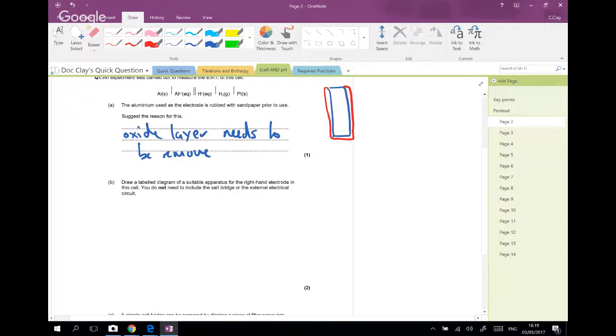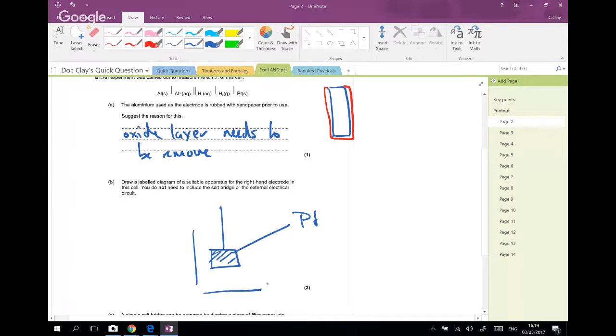Draw a labeled diagram of a suitable apparatus for the right-hand electrode in this cell. You do not need to include the salt bridge or the external circuit. So here we are. We've got platinum. This is actually the standard hydrogen electrode. The key is that you've got the platinum electrode.